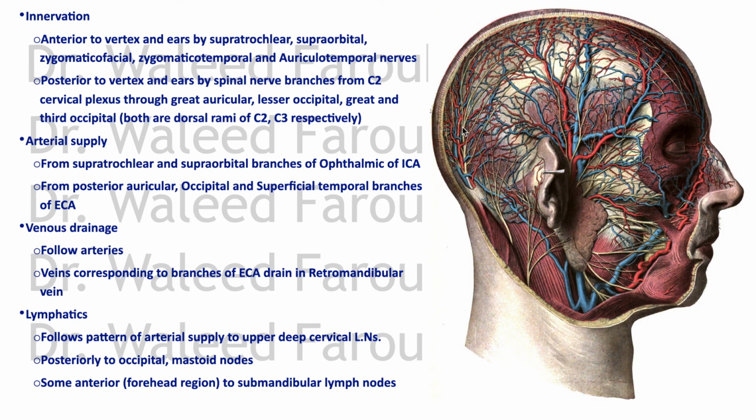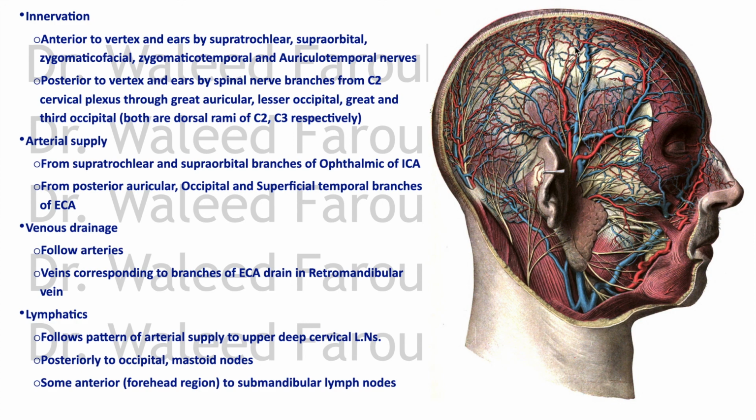Now, beyond that, this is the dorsal ramus of C2, which is the great occipital nerve. There is another nerve at the back here, the third occipital nerve, okay, which is the dorsal ramus of C3. They are dorsal rami. Now, here from this line backwards, dorsal rami of the spinal nerves supply the scalp.